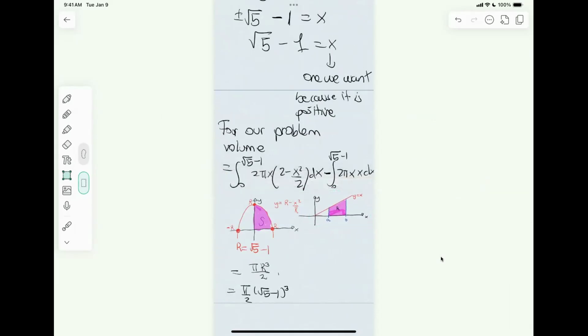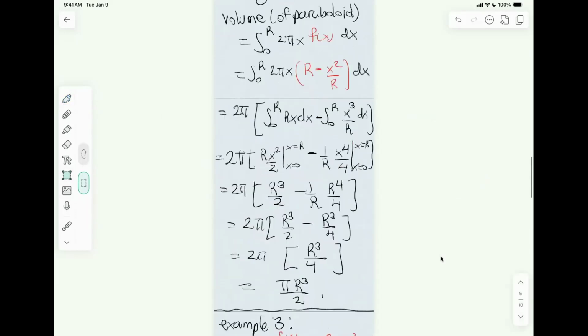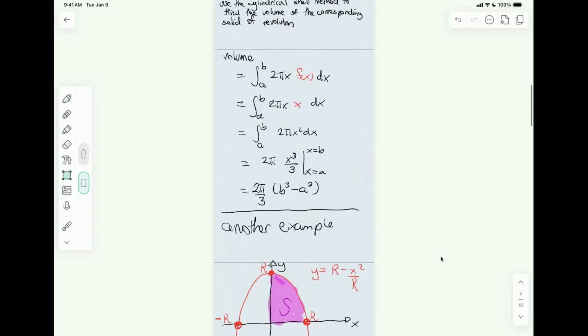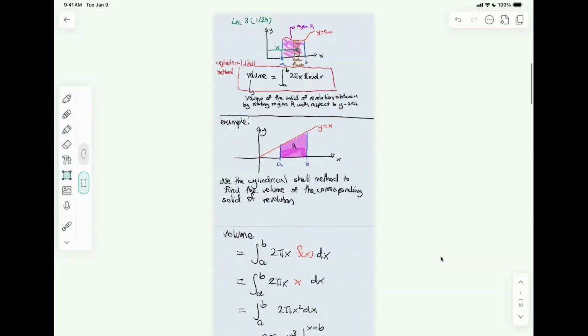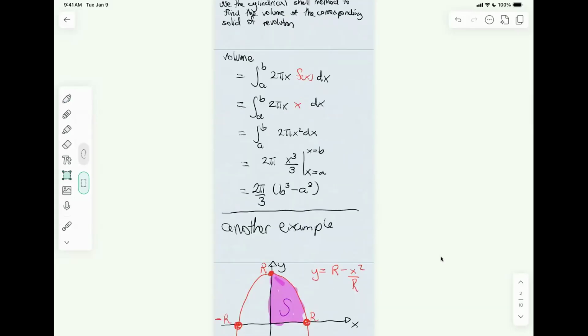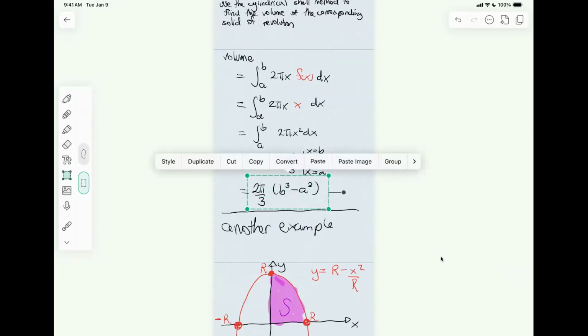And here in this case, A was 0, right? And B is root of 5 minus 1, right? And the volume we had found, what was the volume in this case? Just to go back up. Oh, here it is. The volume was this thing.